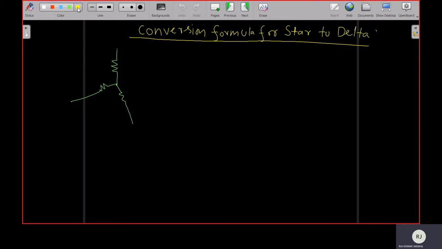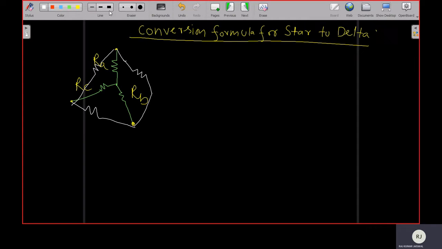You can see this is RA, this is RB, this is RC resistance. Then how are we going to write the equivalent for this? You could write it now in delta form, because we have to convert star into delta.